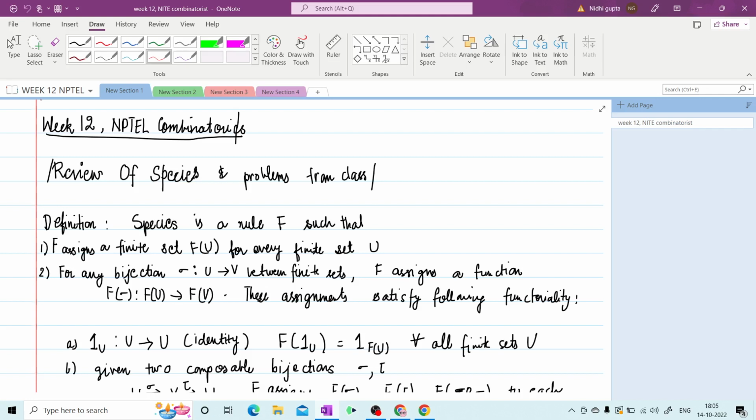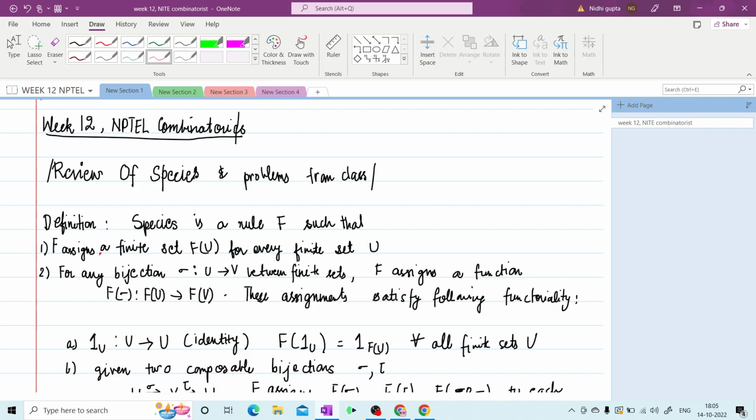First, this rule F is assigning a finite set F(U) for every finite set U. So first of all, to any finite set U, it is assigning some finite set F(U). And secondly, if we have any bijection between two finite sets, by bijection I mean a one-to-one and onto function between two finite sets, this rule is also assigning a function between F(U) and F(V).